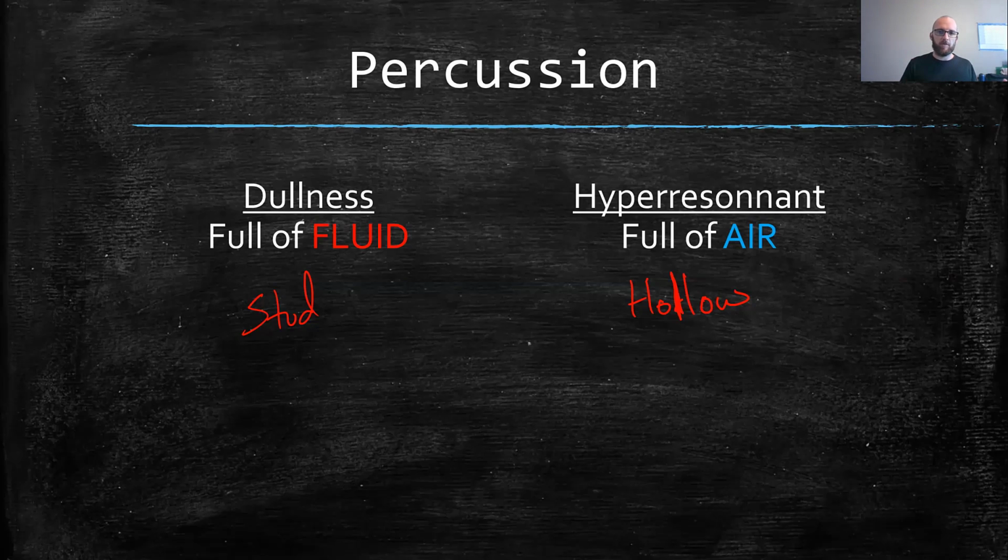Run a little science experiment yourself. Get a hollow bottle, tap on it, listen to that hollow hyperresonant sound, and think that's air that's built up inside the pleural cavity. That's a pneumothorax. Versus the sound change when it was full of fluid, and that's dull. So it's full of fluid, that's a hemothorax.